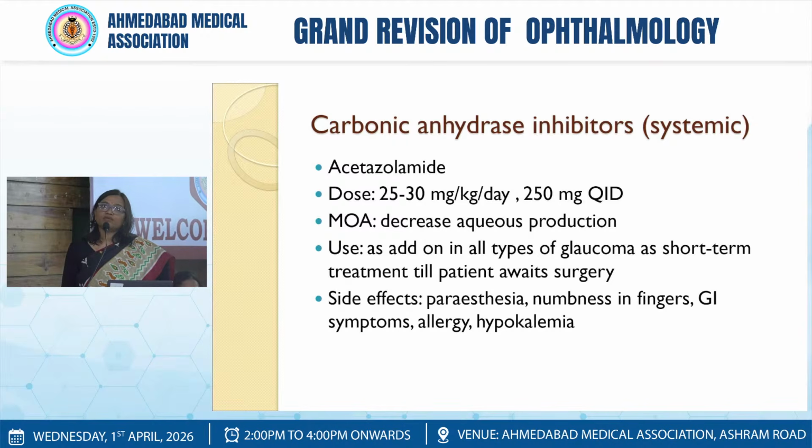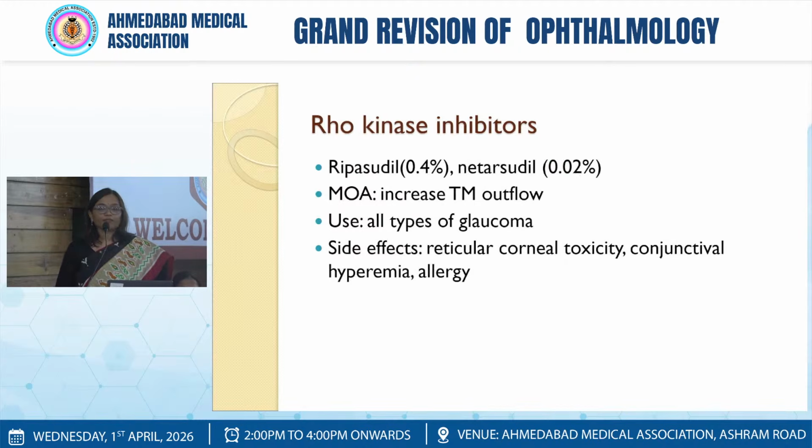So usually we ask patients to either eat banana or coconut water for potassium supplement, and if the patient is diabetic, we can ask them to use a syrup, Potklor, to replenish the potassium and to avoid the hypokalemia.